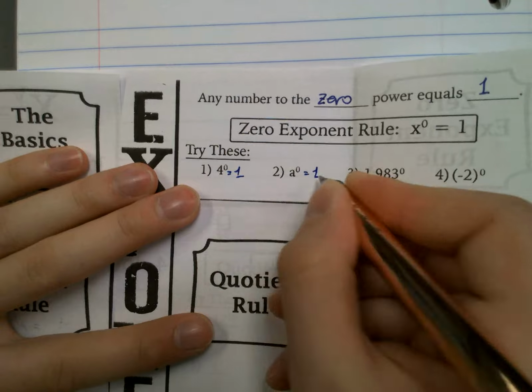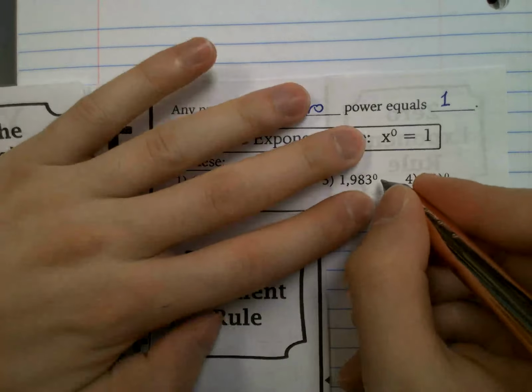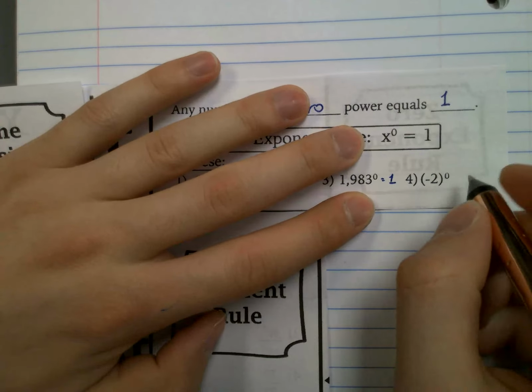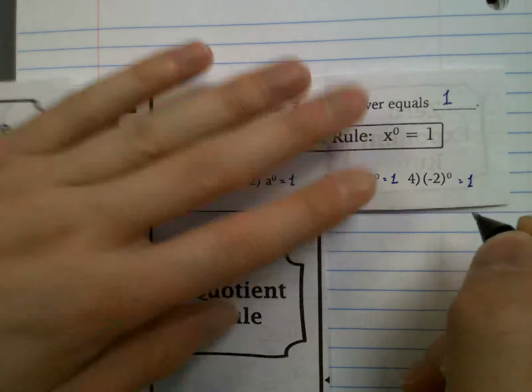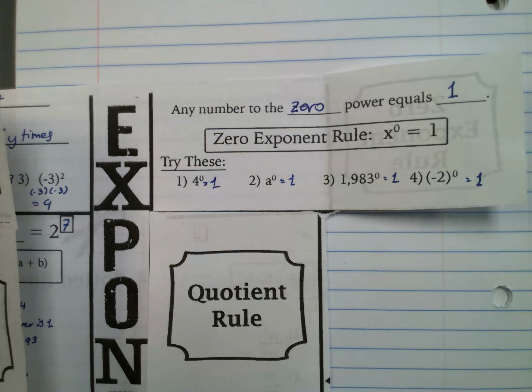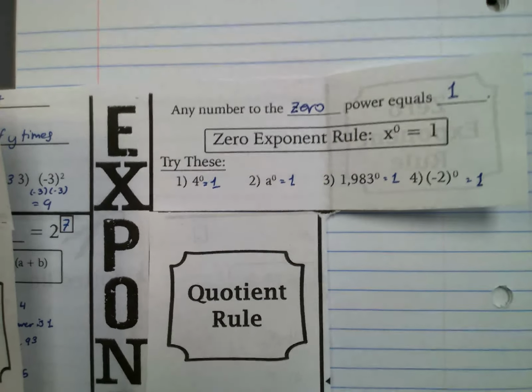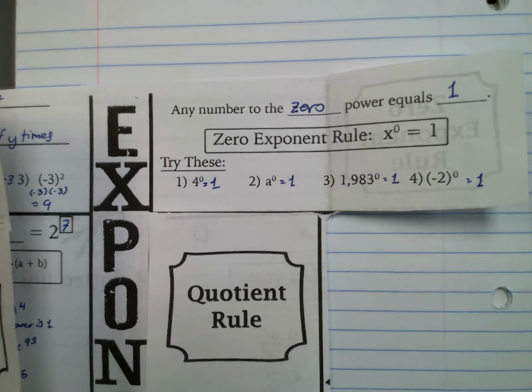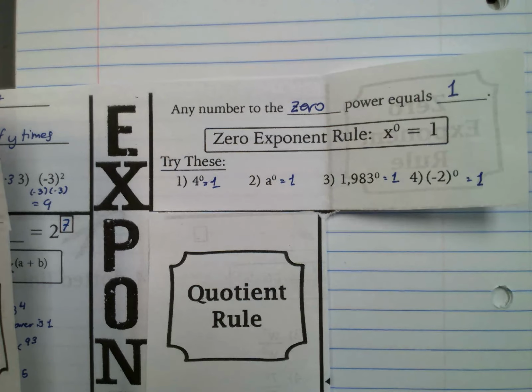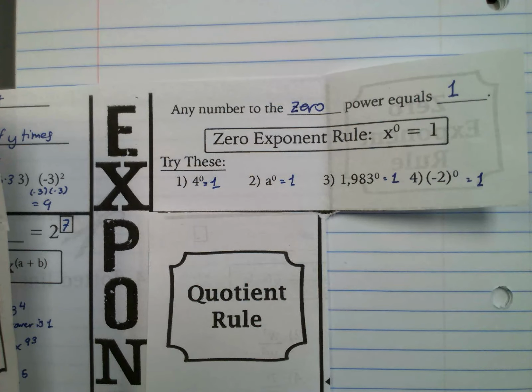A to the 0 is 1. 1,983 to the 0 is 1. Negative 2 to the 0 is also 1. Every single time, it doesn't discriminate. You get the zero power, you get a 1, you get a 1, you get a 1. Okay, Oprah. Yes, I know, that's what I was referencing. That's like the easiest rule of them all.